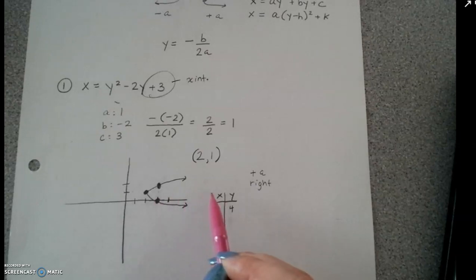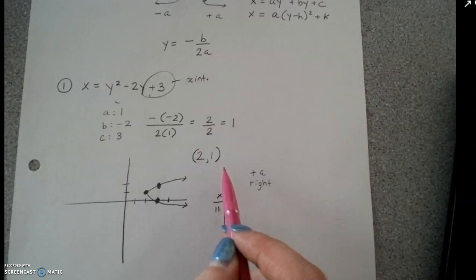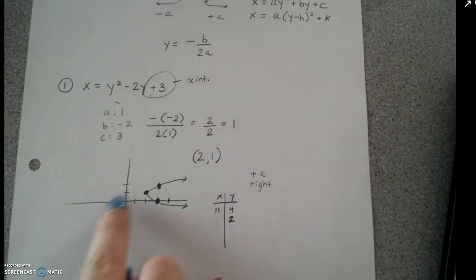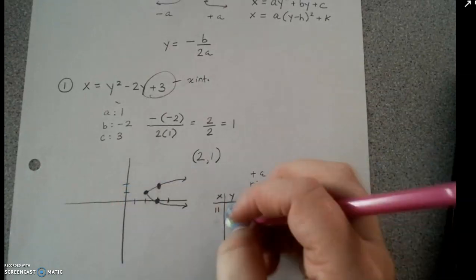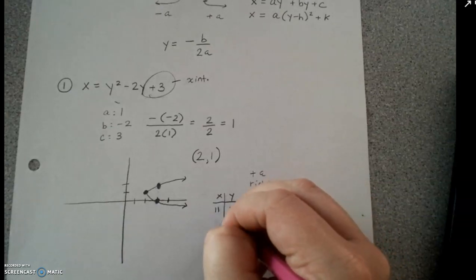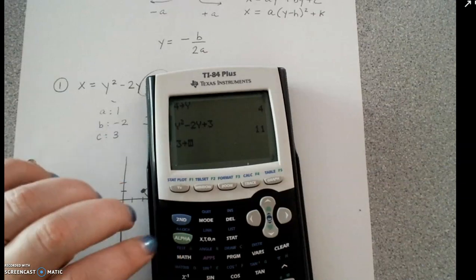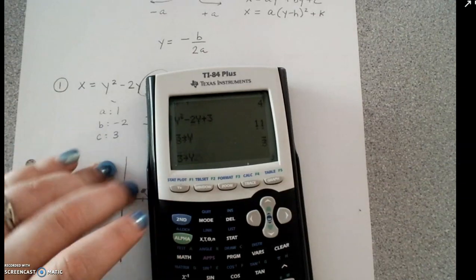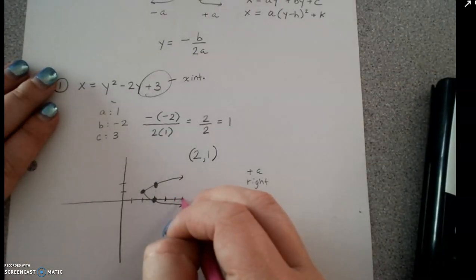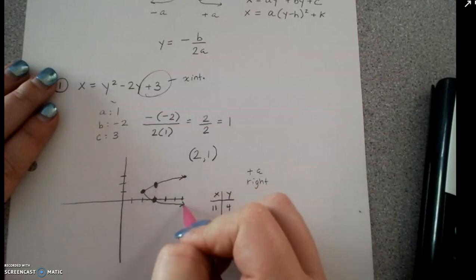But all the way at 11 over here, I'm going to have a y value of 4. Let's see what a y value of 3 would give me. Maybe that would be a nicer point on our graph. So if I do 3 stored for y, it gives me 6. That's a little bit better. So at 6, I have a y value of 3, which is about where I was going.